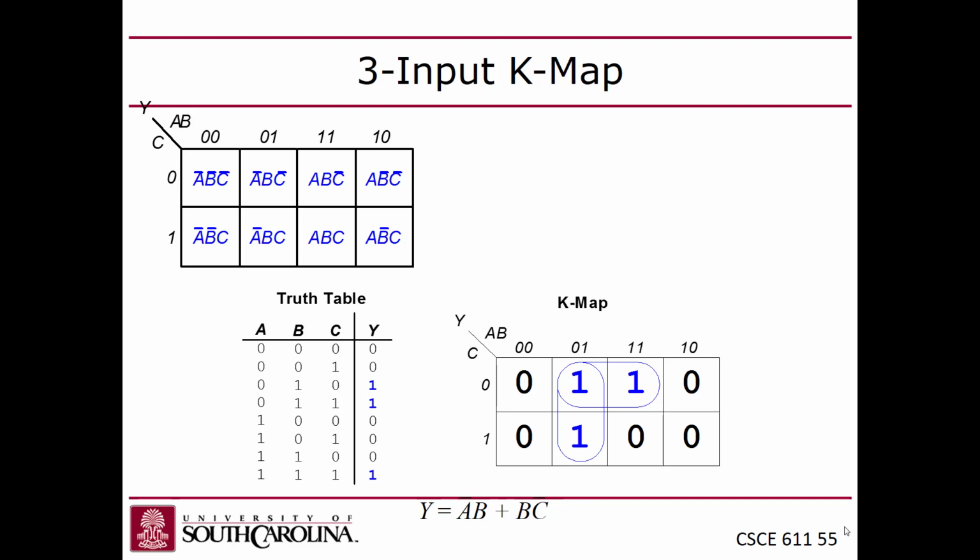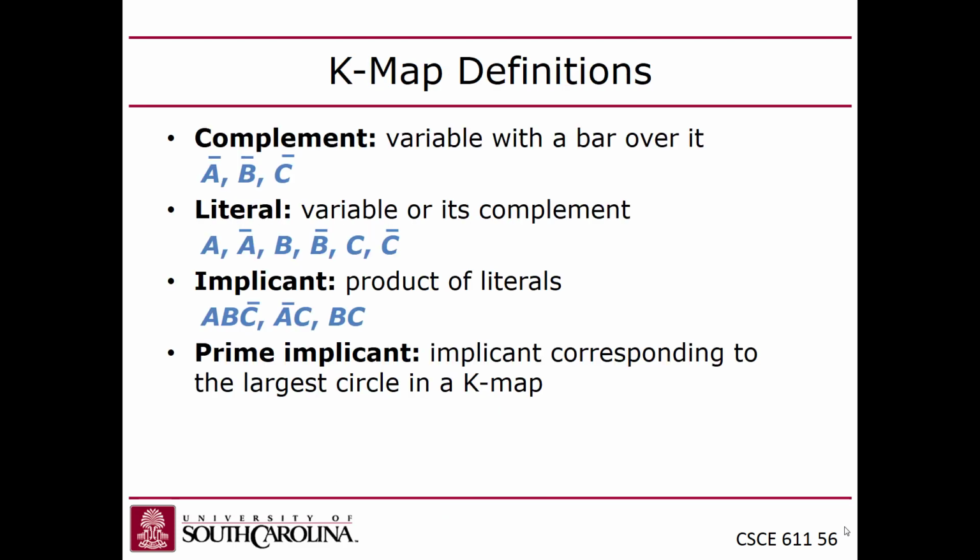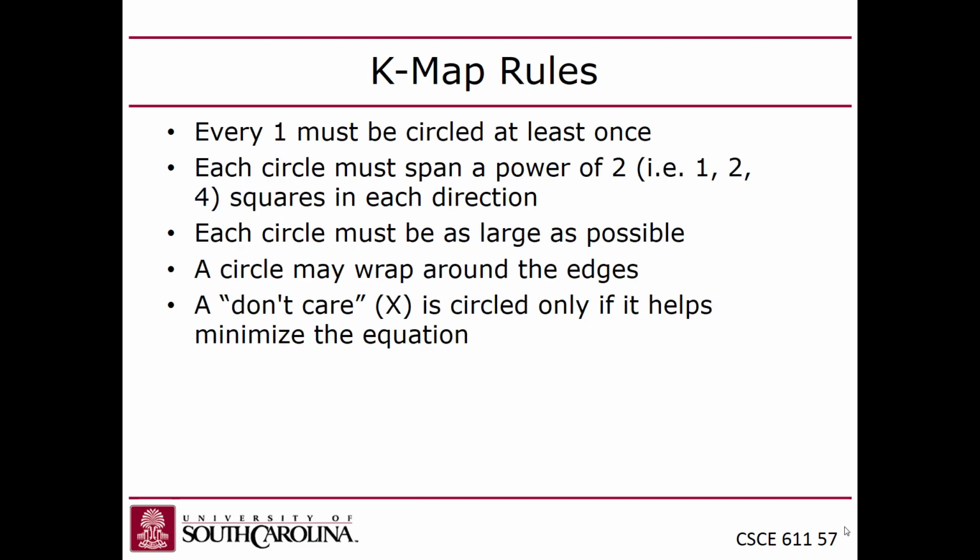And that would be a prime implicate. But if I had that and I only circled 2 pairs, those would be implicates but not prime implicates, because each one of those could be contained within a larger grouping. You guys with me? All right. Okay, so you want to make sure that you circle every one at least once.